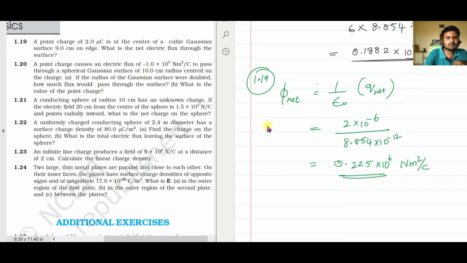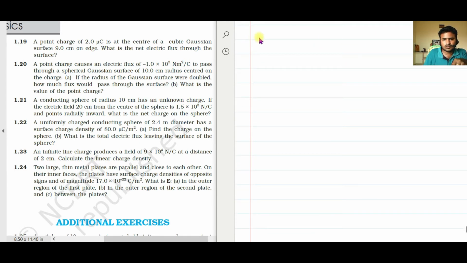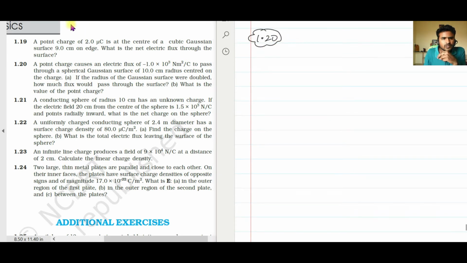Now we'll move on to the next question, question number 1.20. It says that a point charge causes an electric flux of minus 1.0 into 10 to the power of 3 Newton meter square per coulomb to pass through a spherical Gaussian surface of 10 centimeter radius centered on the charge.